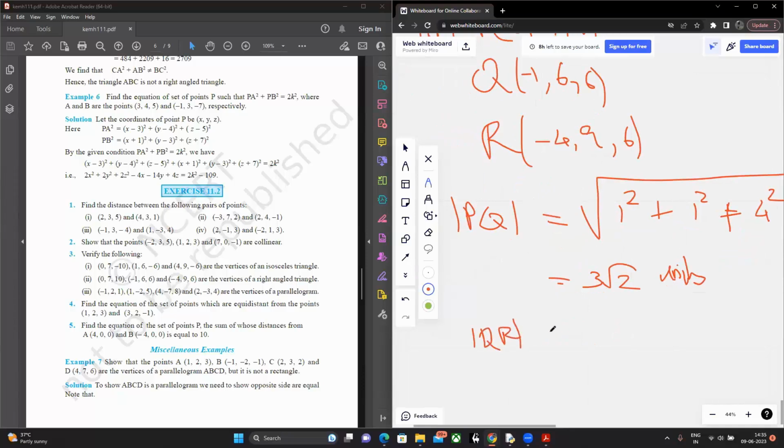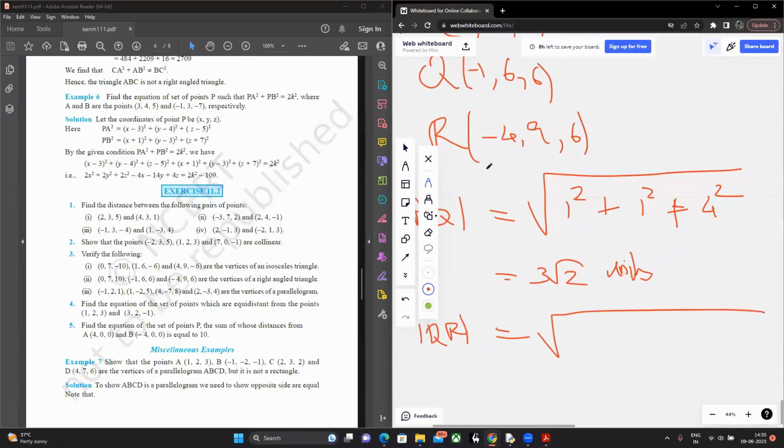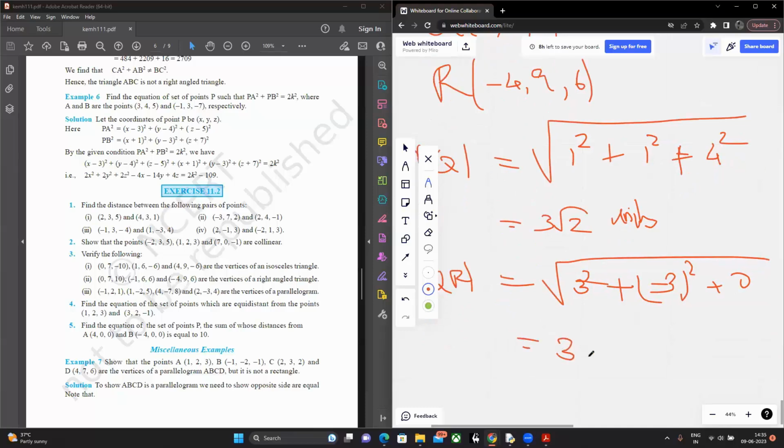Then you have mod QR, which is square root of (minus 1 minus 4) squared, that is going to be 3 squared, plus (6 minus 10) squared, that is going to be minus 3 squared, plus 0, which is again 3 root 2 units.